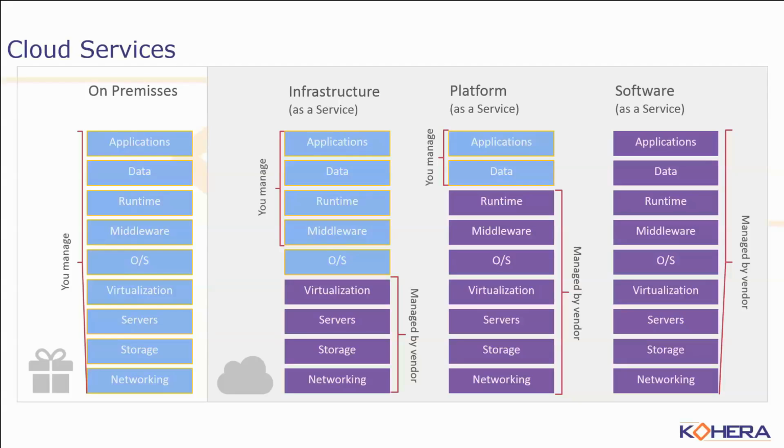Now, as a platform as a service, the vendor, in this case Microsoft, offers you a platform where you just need to deploy your data and your applications, and everything underneath that is being managed in a fairly scalable way. You have the advantage here that it scales to nearly infinity. Infinity is limited by the capabilities of the platform itself, meaning you can have only as many VMs as you can have in a data center.